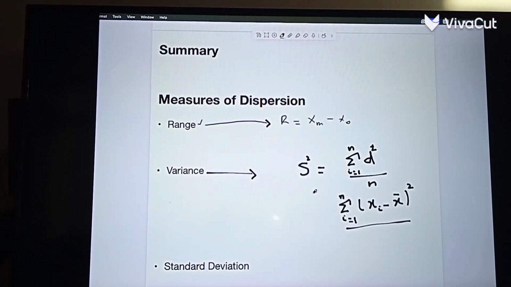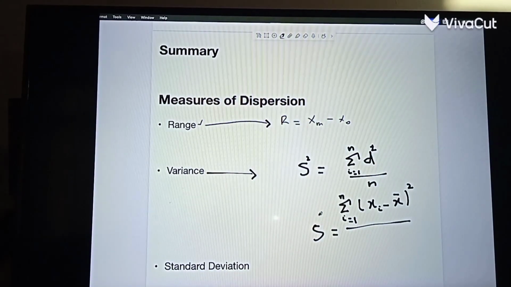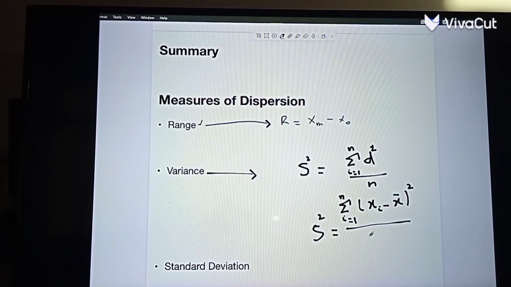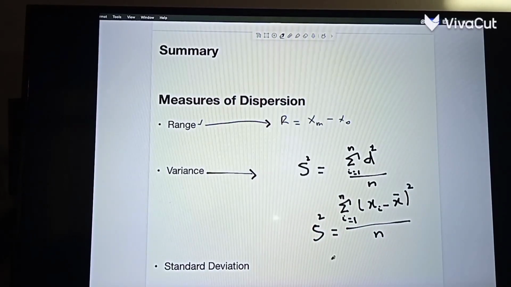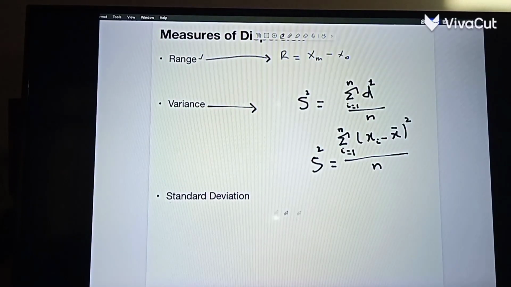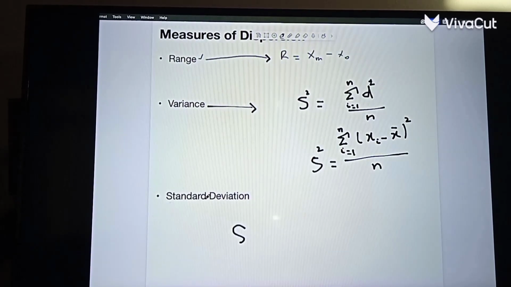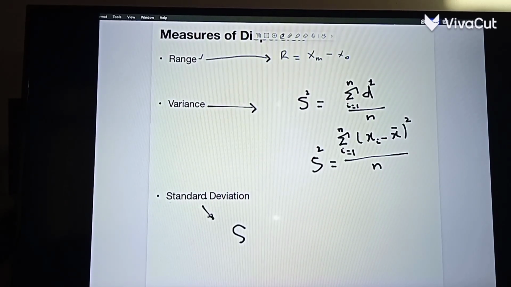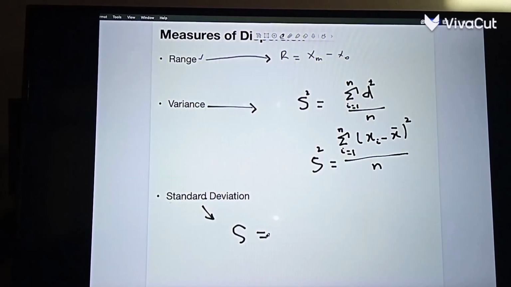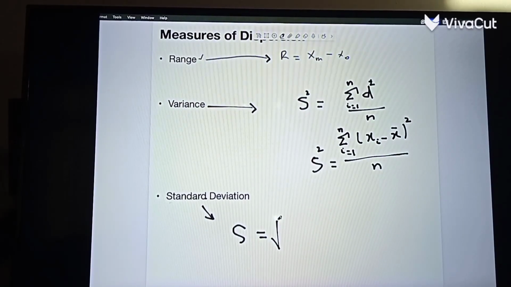So this is s square, divided by n, while standard deviation is denoted with s, and this is the positive square root of this s square.